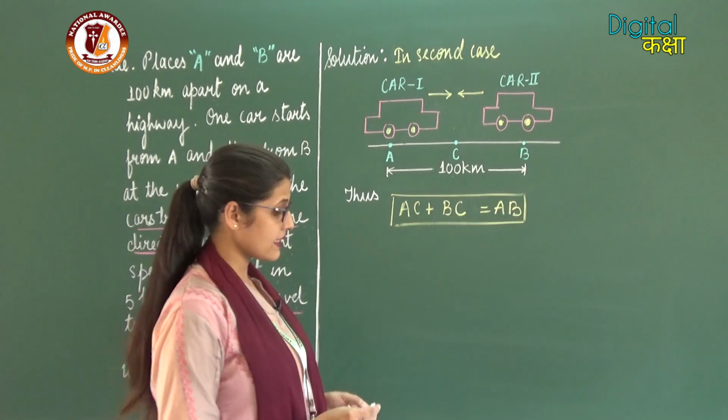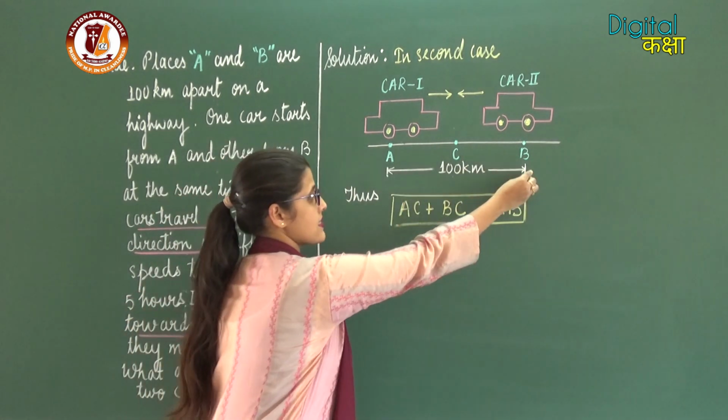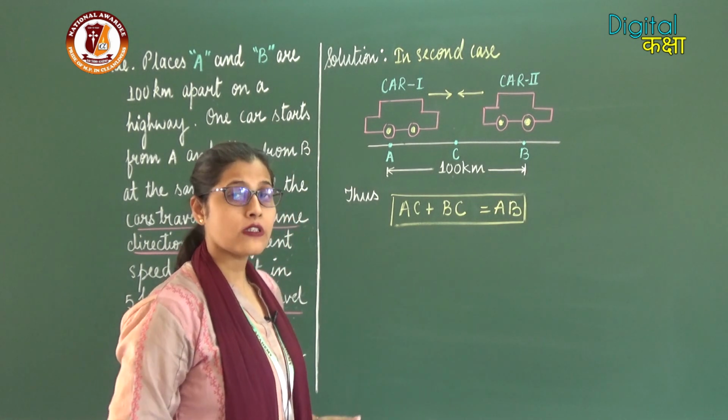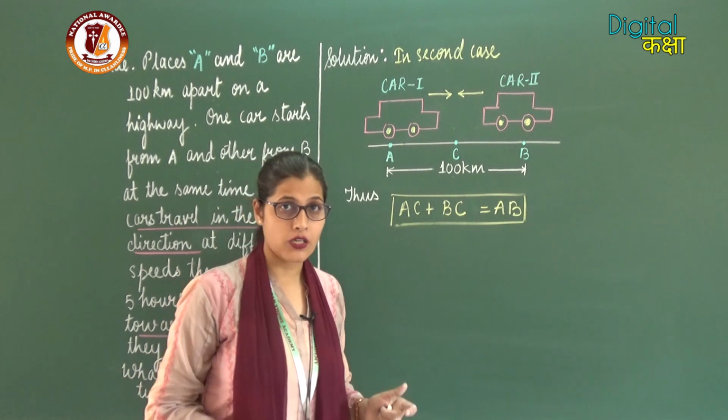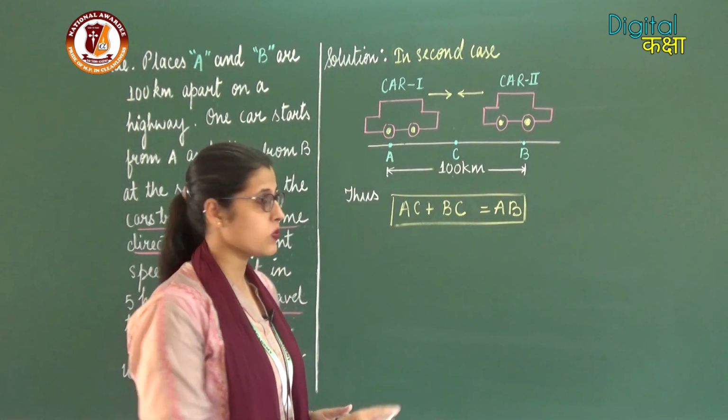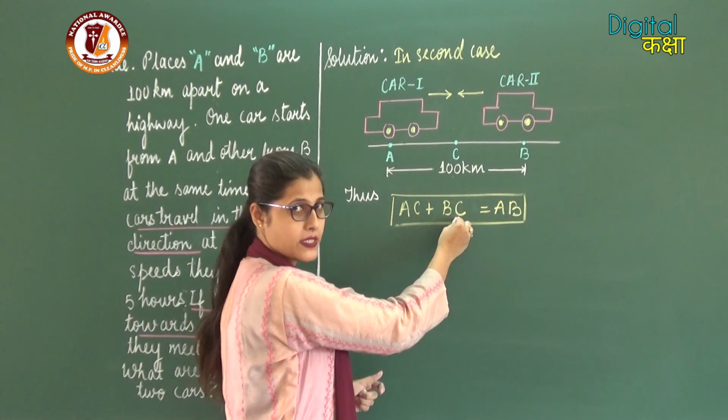Thus, you can see that the total distance AB will be equal to the sum of the distances travelled by car 1 and car 2, which will be equal to AC plus BC.